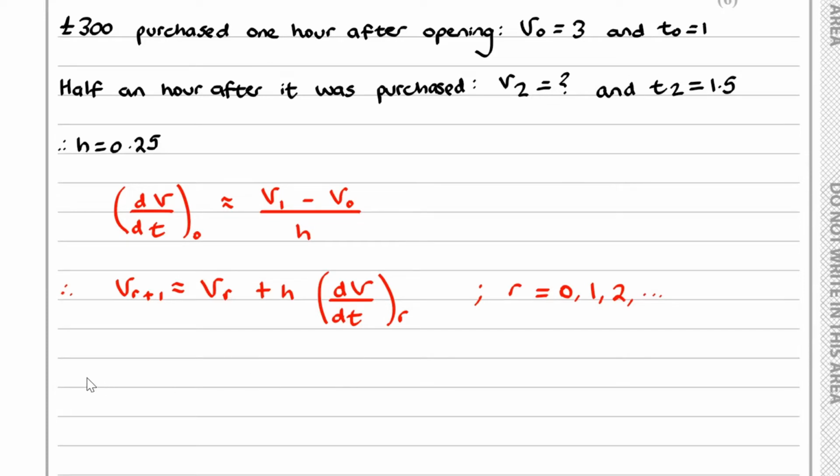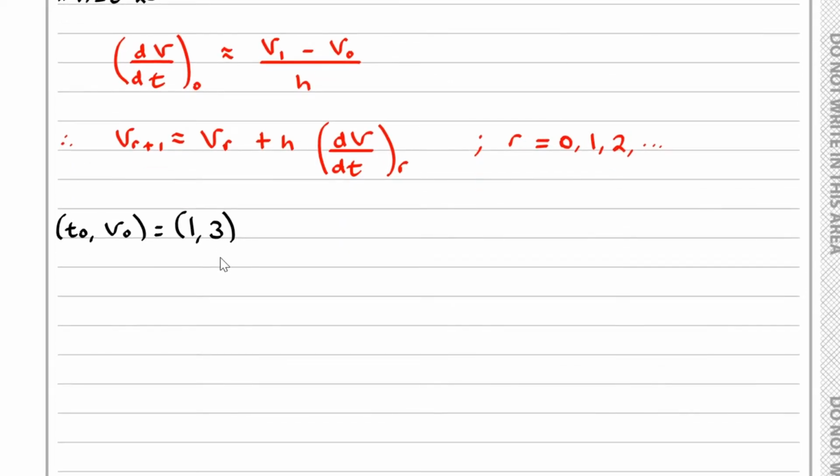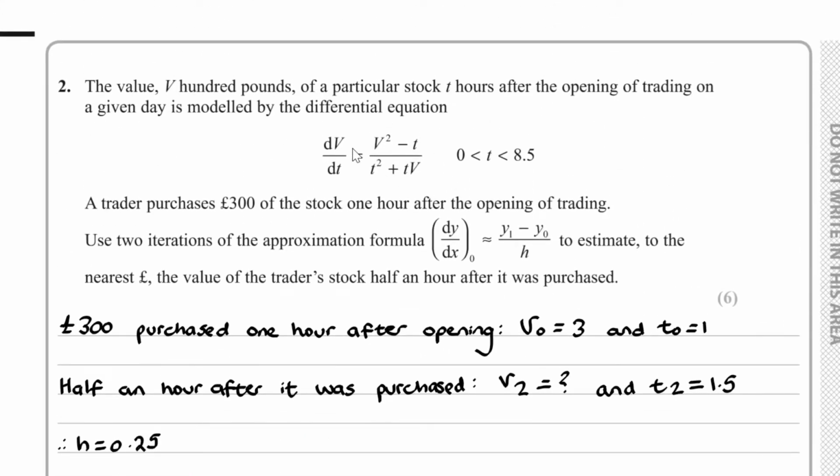Now, first of all, we know that t naught, v naught is equal to 1, 3. You can see that here. And therefore, we can find out what dv over dt naught is using this formula over here.